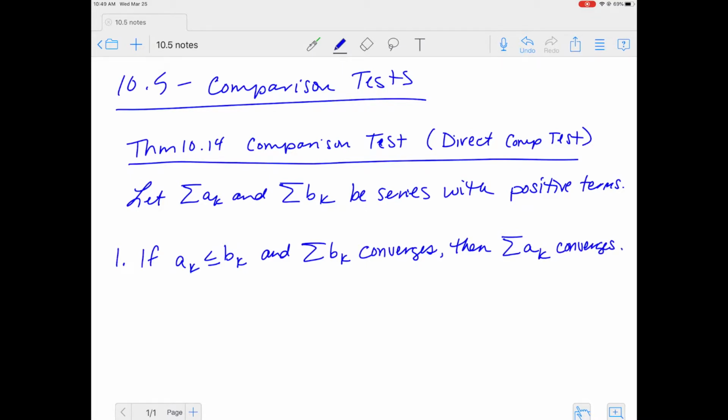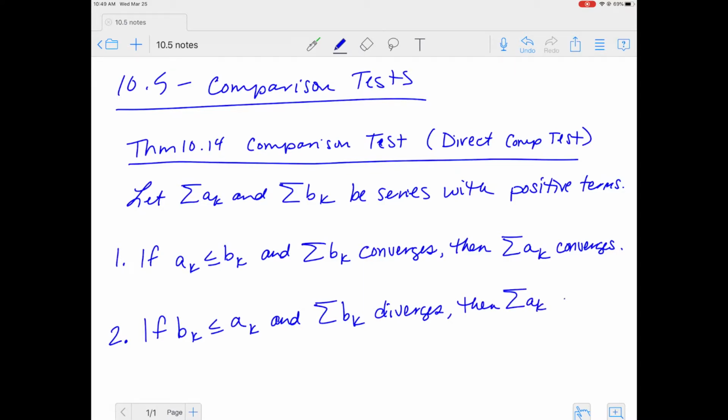I'm going to give it a little space because I'm going to write a little bit in between those. If B sub k is less than or equal to A sub k, and the series B sub k diverges, then the series of A sub k also diverges.